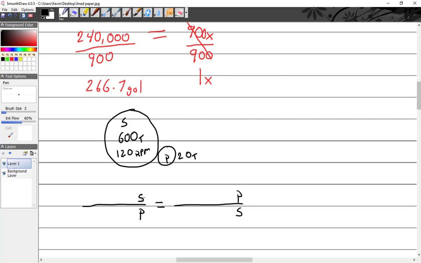I've got my spur gear, that's 600 teeth. Then spur pinion, sorry, it's got to be 20. So teeth is going over here.